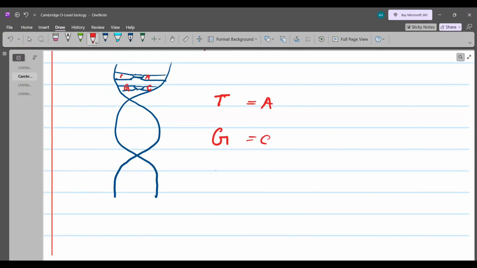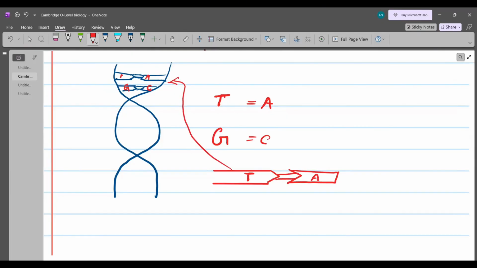Now, if I draw this, suppose this is our T and this is our A. I drew this part here.